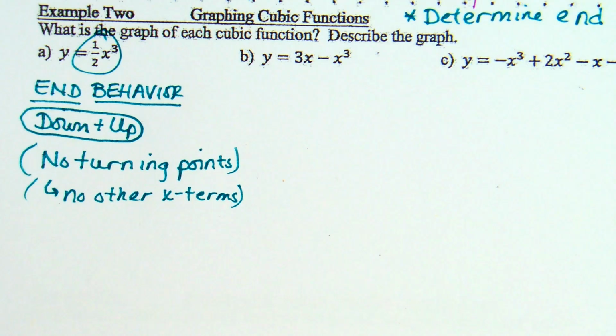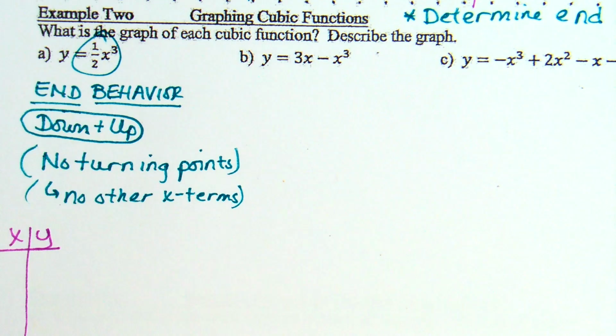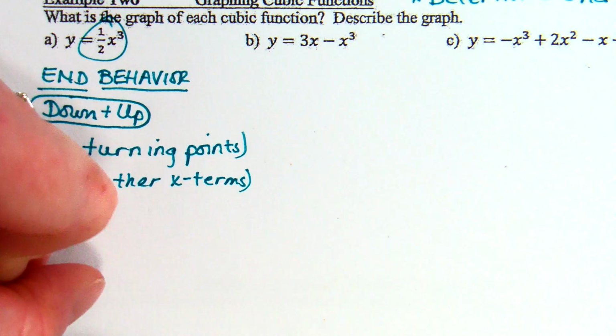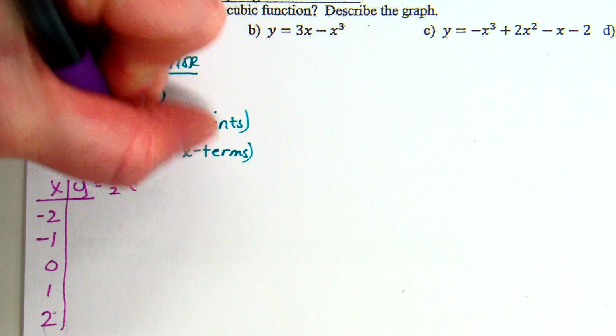Now, I want to talk about this graph. To set this up, we're going to do a quick XY chart. Good values to use in my XY chart are negative 2, negative 1, 0, 1, and 2. And what is the equation I'm plugging into? 1/2 x cubed.